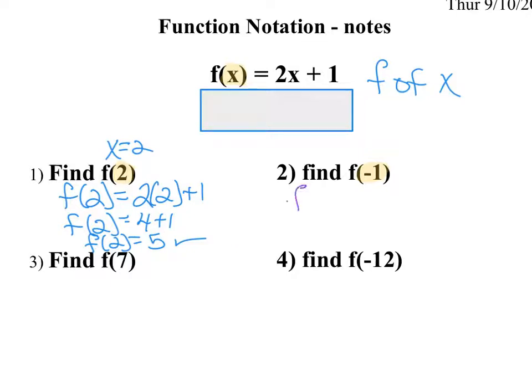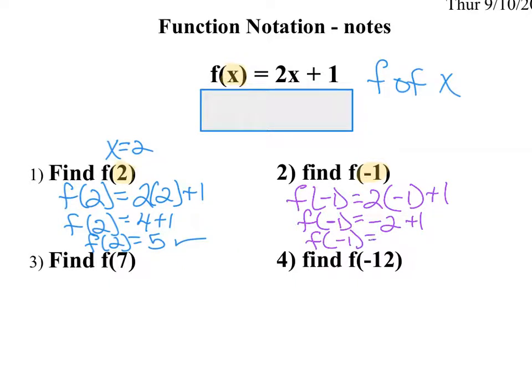So I have f of negative 1 equals 2 times, well, now I'm going to plug in a negative 1 plus 1. And now I'm just going to evaluate. Be careful with your negatives. 2 times negative 1 is negative 2. And bring down my plus 1. And then I'm going to do negative 2 plus 1, which is negative 1.